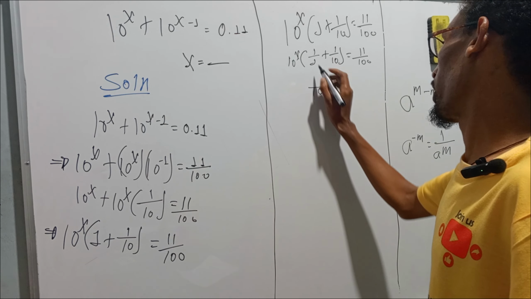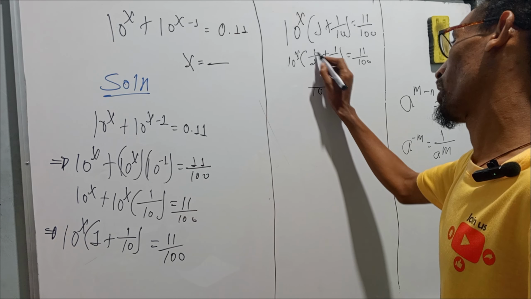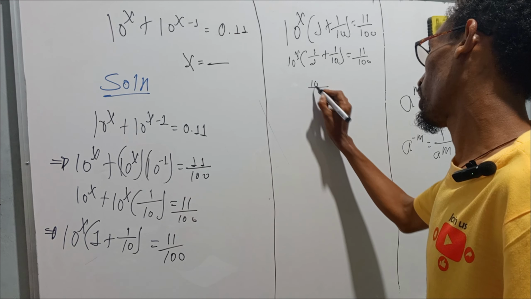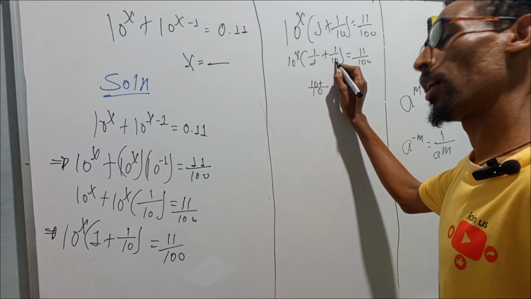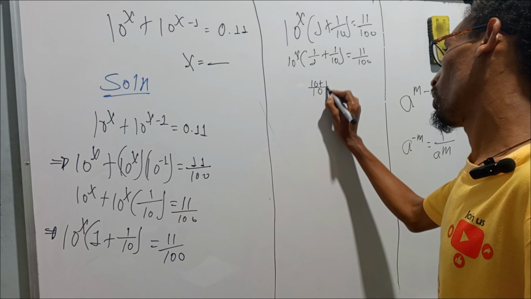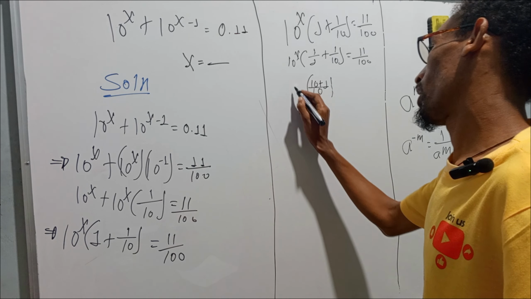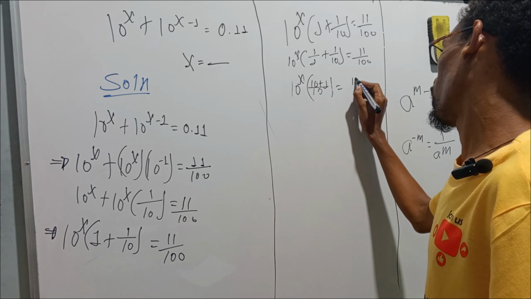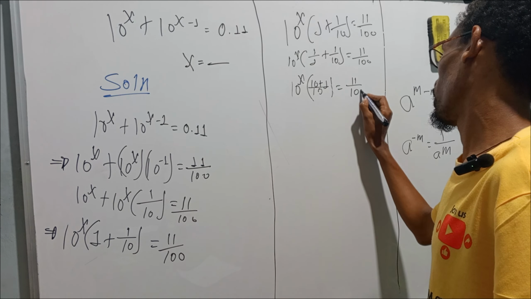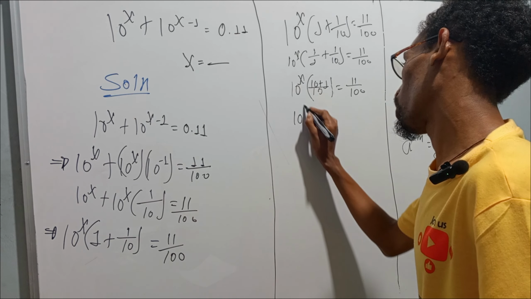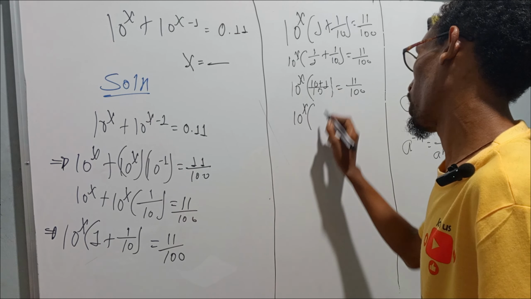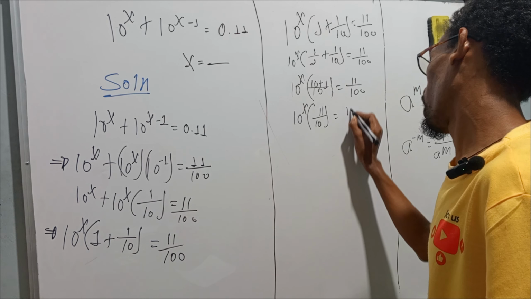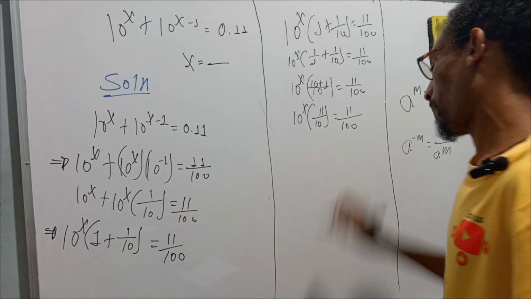Then 10 divided by 1 is 10, 10 times 1 is 10 here, plus 10 divided by 10 is 1, times 1 is 1 here. The whole bracket times 10 to the power of x is equal to 11 over 100. Great. So we get 10 to the power of x in bracket, 10 plus 1 is 11 here, divided by 10, which is equal to 11 over 100.